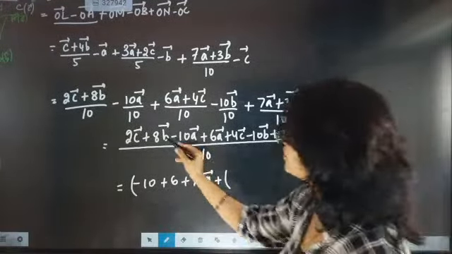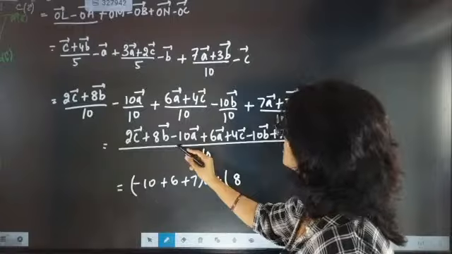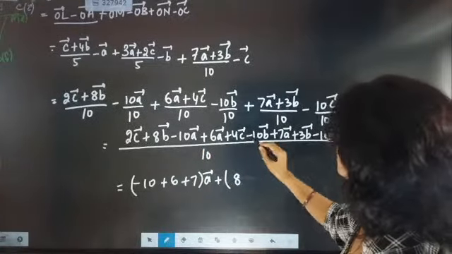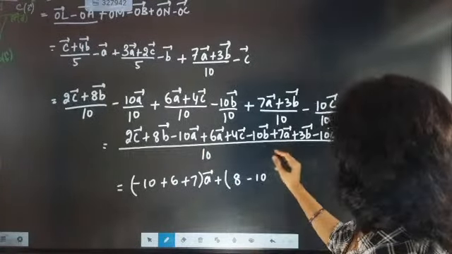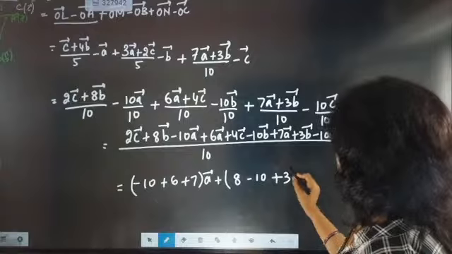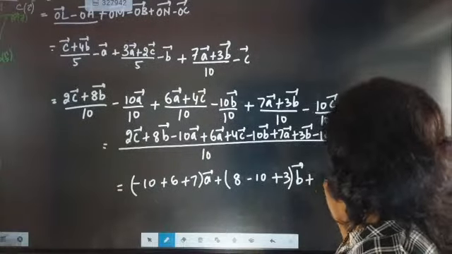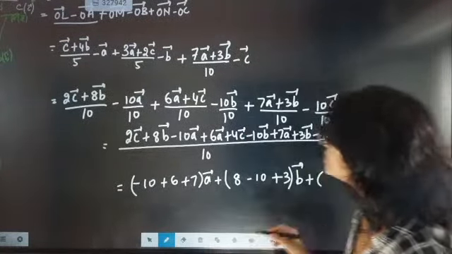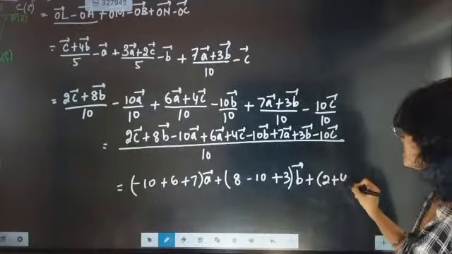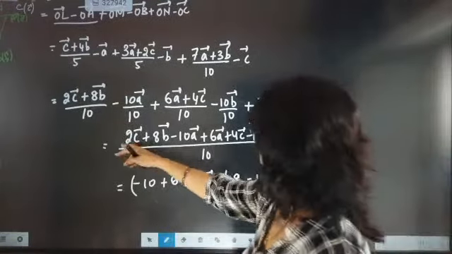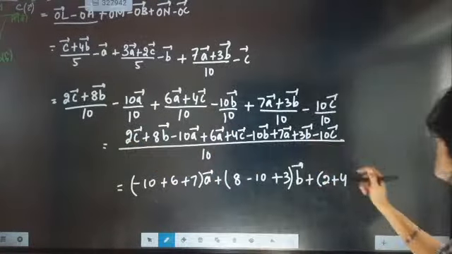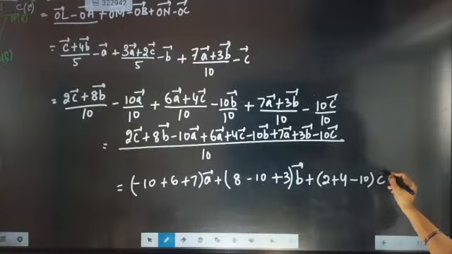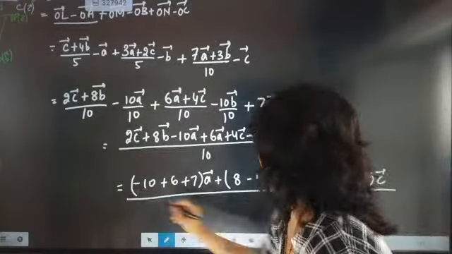Now for B vector: 8, minus 10, plus 3, B vector. C vector: 2 plus 4 and minus 10, C vector, all by 10.